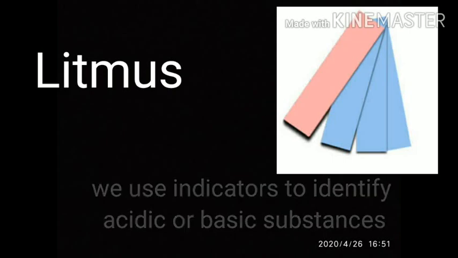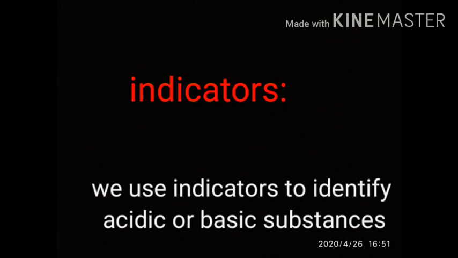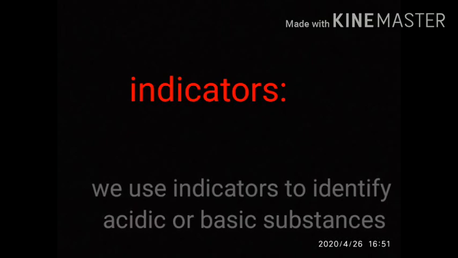Actually, litmus is an indicator. What is an indicator? To identify acidic or basic substances, we use indicators. We will learn about many natural indicators after discussing the properties of basic substances, right?